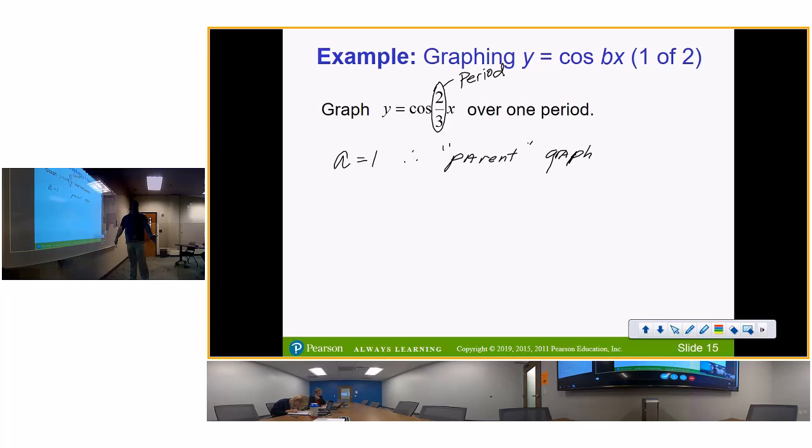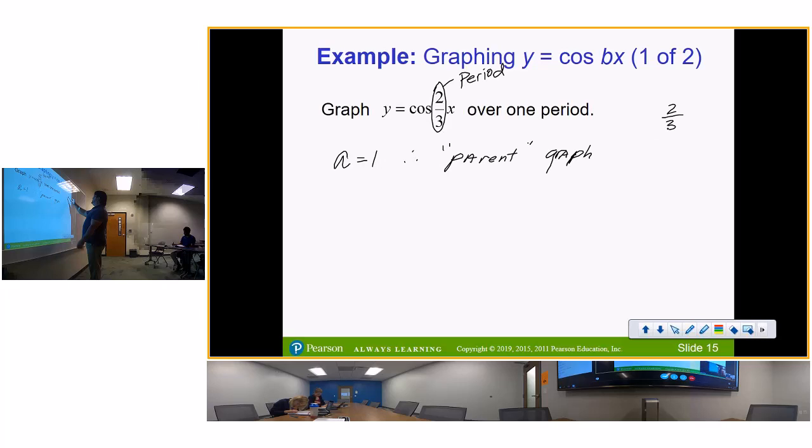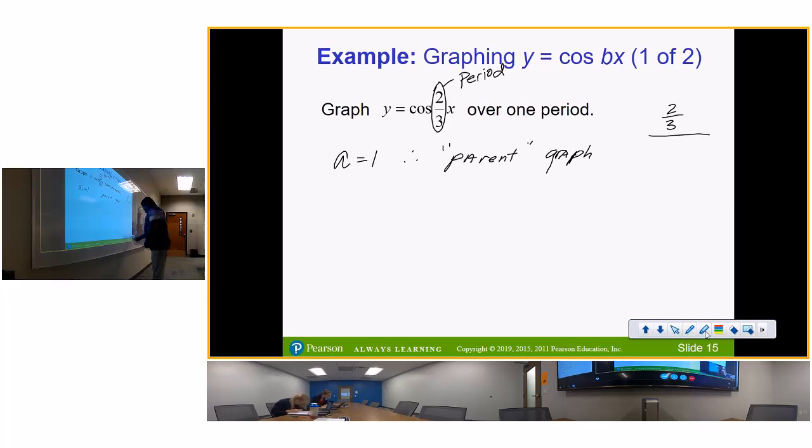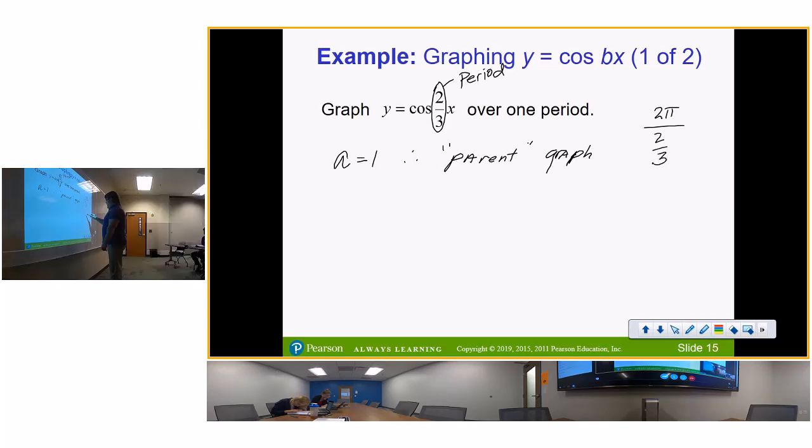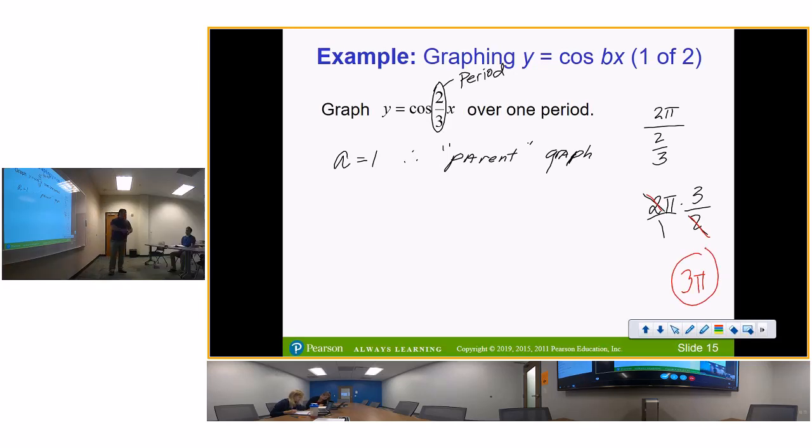But if it's not, then you take 2/3 and you divide by what? 2 pi divided by 2/3, which means you multiply 2 pi by what? 3 over 2, which means that those two cancel out, and you're left with what? 3 pi.